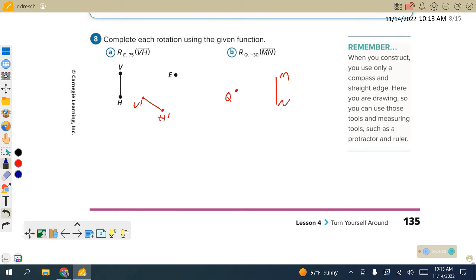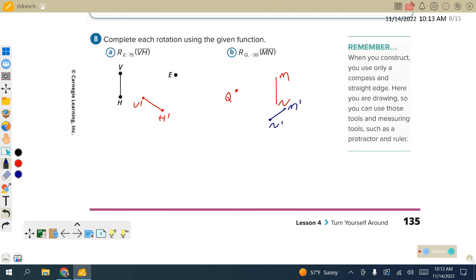You are going clockwise because it's a negative rotation. So when I rotate this clockwise 30 degrees, you don't need to go crazy on it. 30 degrees is going to put just a little bit of a turn, and you're going to get something like that, not to scale by any means, but that's roughly what it should be.